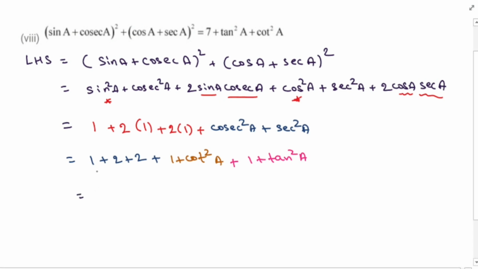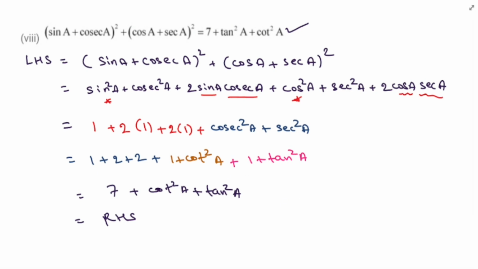This equals 1 plus 2 plus 2 plus 1 plus 1, which is 7, plus cot square A plus tan square A, which equals the RHS. So 7 plus tan square A plus cot square A. Question number 9.